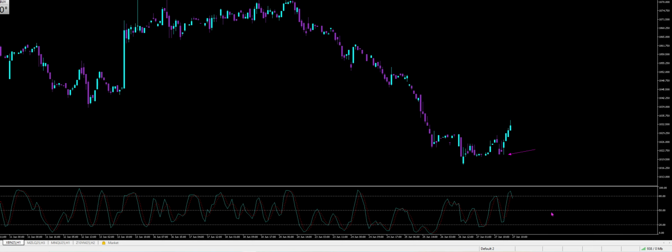And then a turn back through where the blue line crosses back through this dotted red line, along with seeing a nice bullish candle on the chart, and again, this is all 1 hour chart, then that would be our signal. Okay. And so we'll see what happens.